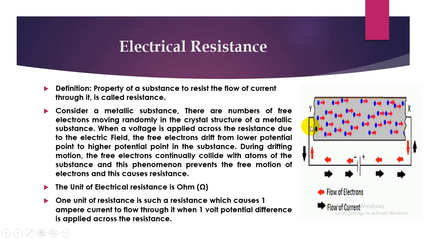There are a number of free electrons moving randomly in the crystal structure of a metallic substance. When we apply some voltage across the metallic substance, due to the electric field, the free electrons drift from the lower potential to the higher potential point in the substance.